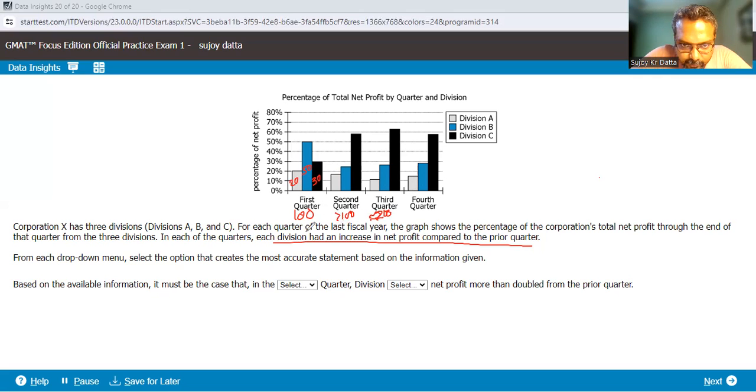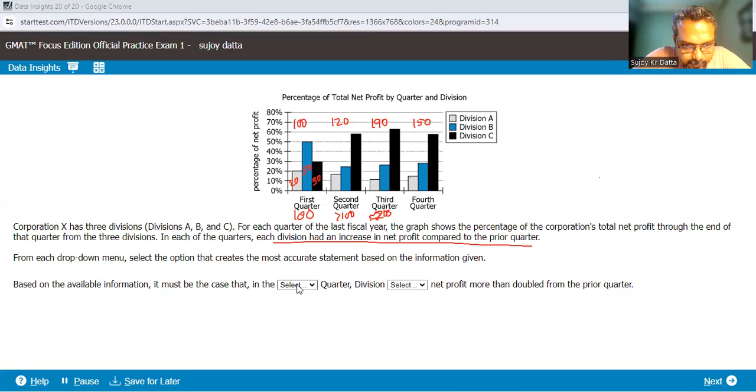So if this is 100 and this is maybe 120, then this would be maybe 190s kind of, and this is just a little lower, right? So this should be in between, so maybe 150 or so. All right, let's see the options.